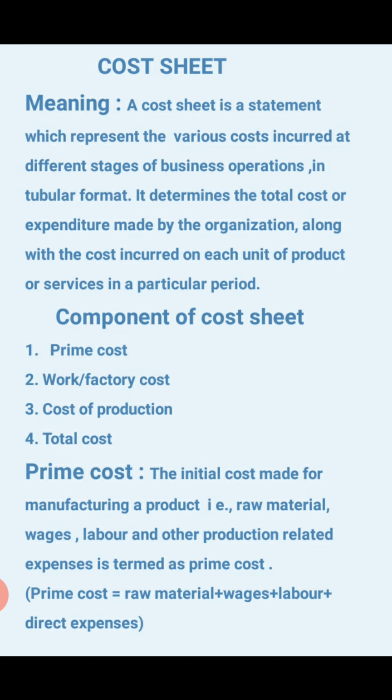So for starting a business, the first cost which is used is called prime cost. And how do we calculate prime cost? When we add raw material, wages, labor and direct expenses, then we get prime cost.